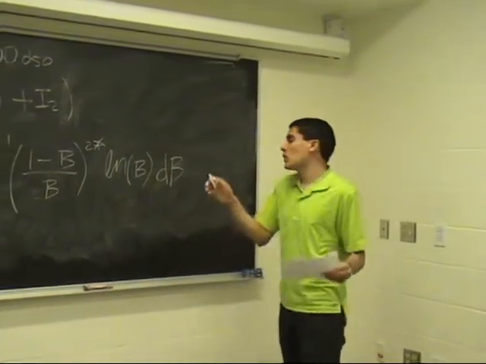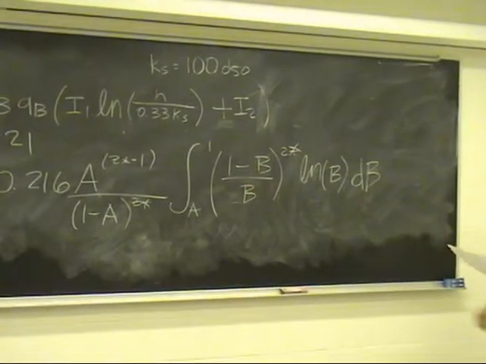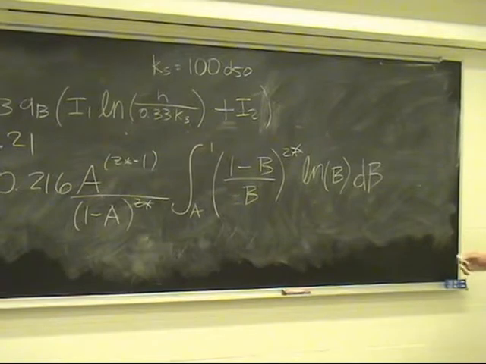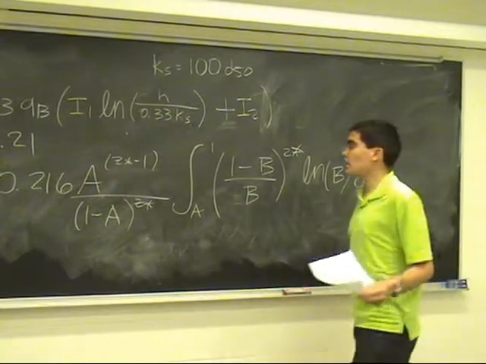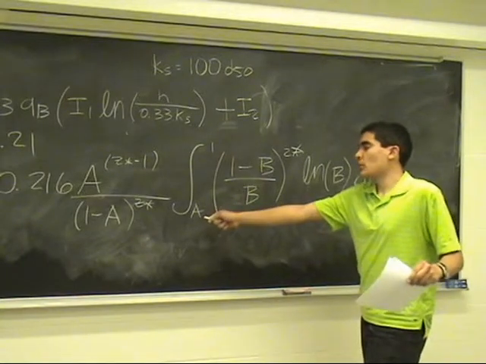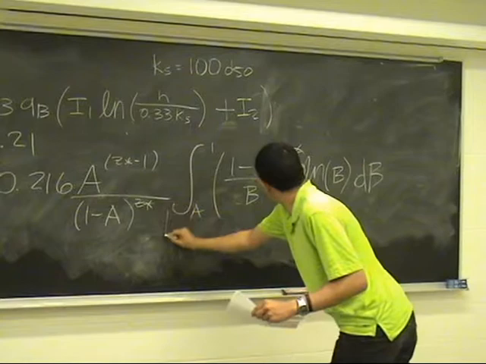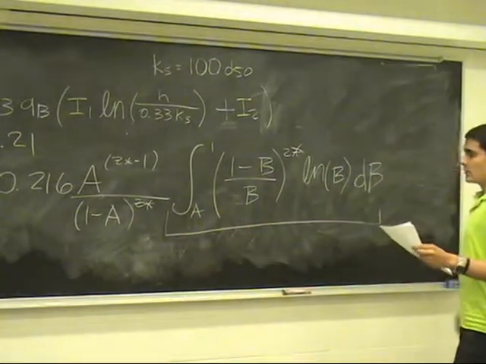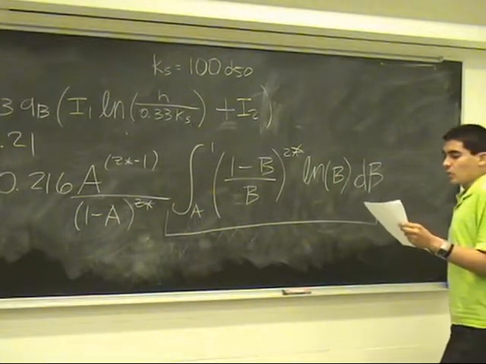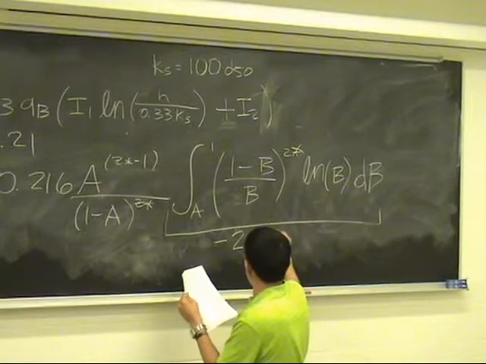So what do you do? Go into your TI calculator and multiply this function times ln of b, and then integrate from the same boundaries as we did before, from 0.004 to 1, and you should get a value here that is equal to negative 2.40.